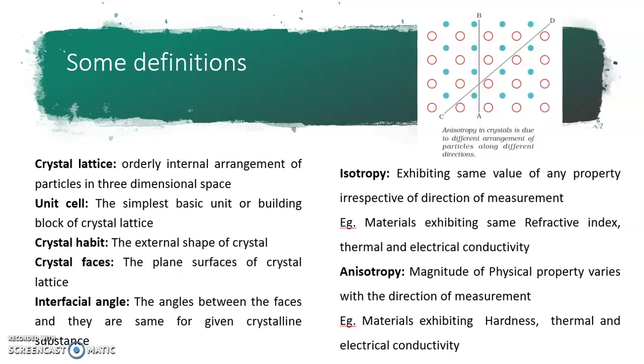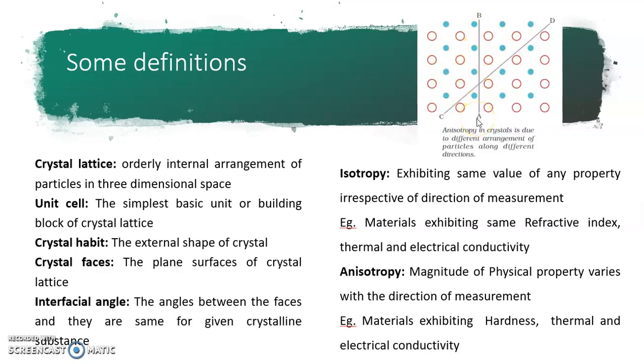To understand these two properties, just pay attention to this figure, where for example this is a crystalline structure where you can see the arrangement of the molecules or the particles. If you measure certain property in direction AB, these particles or molecules are represented by red dots and blue dots.